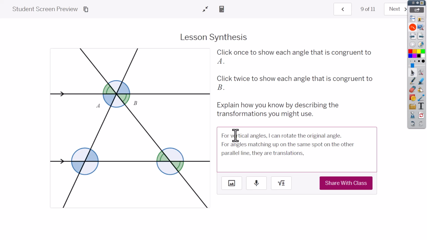And the angles that are vertical to those are rotations. So rotations or translations will help us to identify congruent angles.